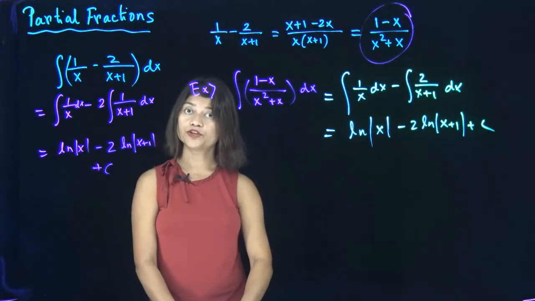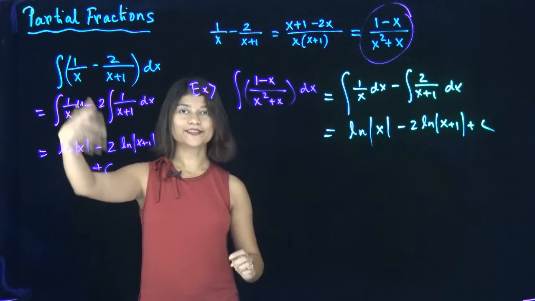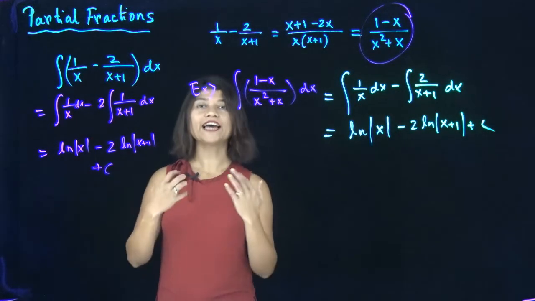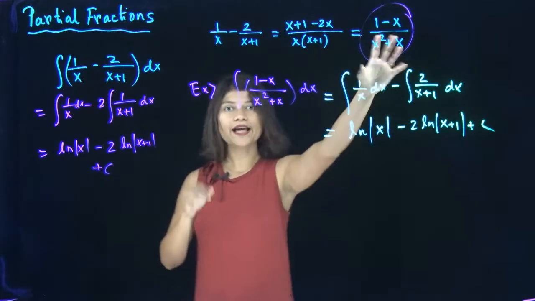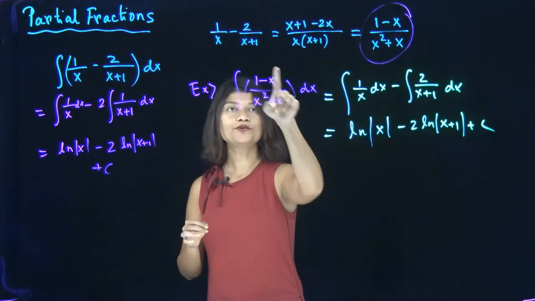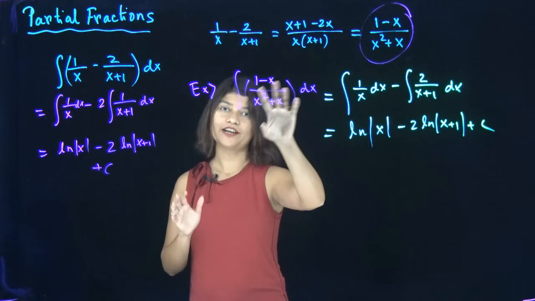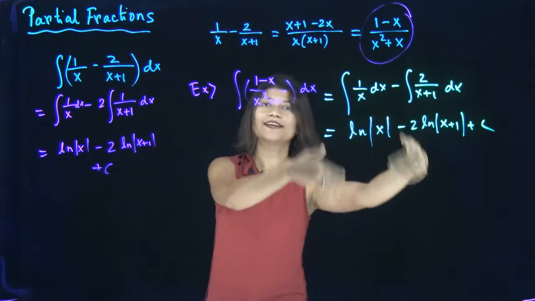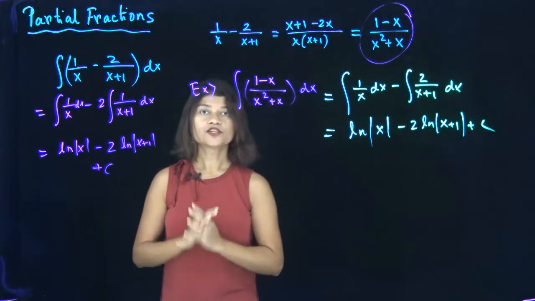So that's what we're going to do. The forward direction is easy, if the fractions are already given to you. But the challenging part is to do the algebra and know how to change this original rational function into some fractions. And once you have the fractions, then integration is much easier.